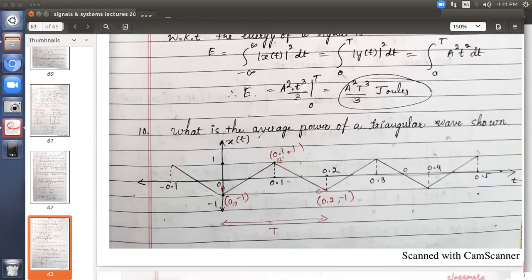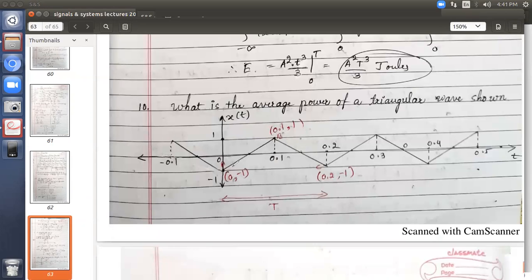One more thing, you can start at any point. In the figure, I have taken these 2 points as one line and these 2 points as the second line. After that, the signal is repeating, so I will take only 2 lines.